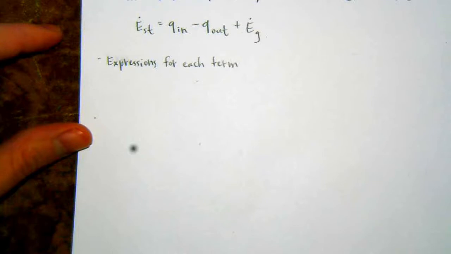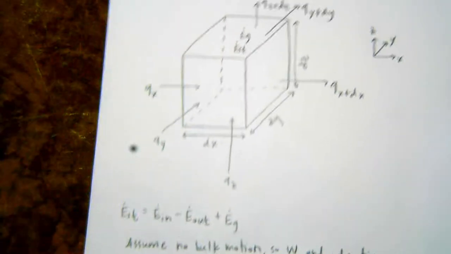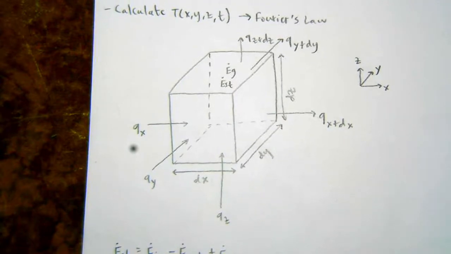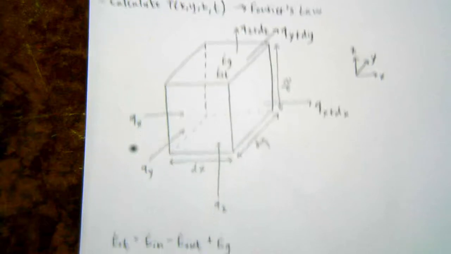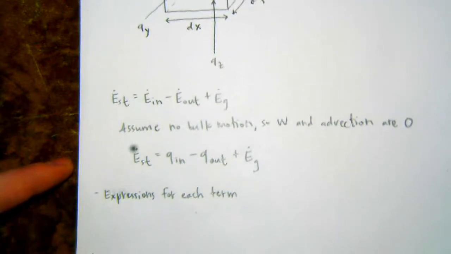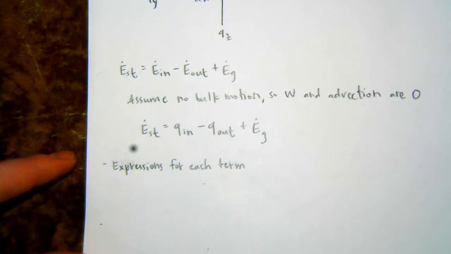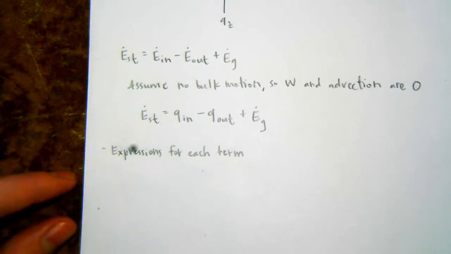We'll start with the heat flux via conduction out of the element. So this is q at x plus dx, y plus dy, and z plus dz. We need to be able to express that in terms of other variables.